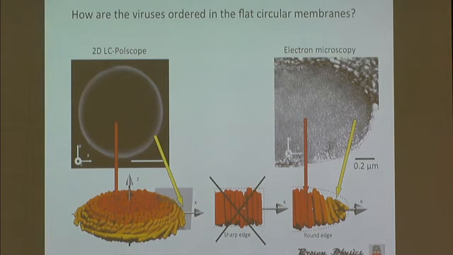And when they look at the electron microscopy, they can see that we're not talking about a sharp edge here, but rather a rounded over edge. And in fact, really at the edge, one has nematic order.